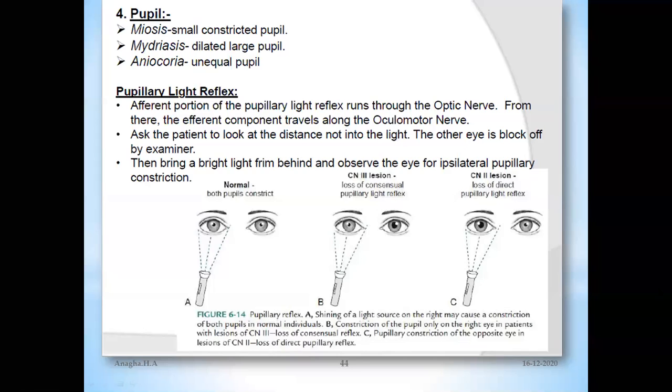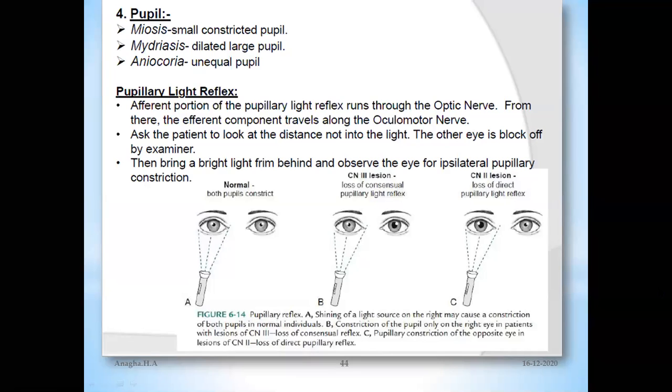So for the direct response, we close one eye and focus the light on the other eye, which the hand is not covering. The eye on which the light is focused has to give a response. That is the direct response.